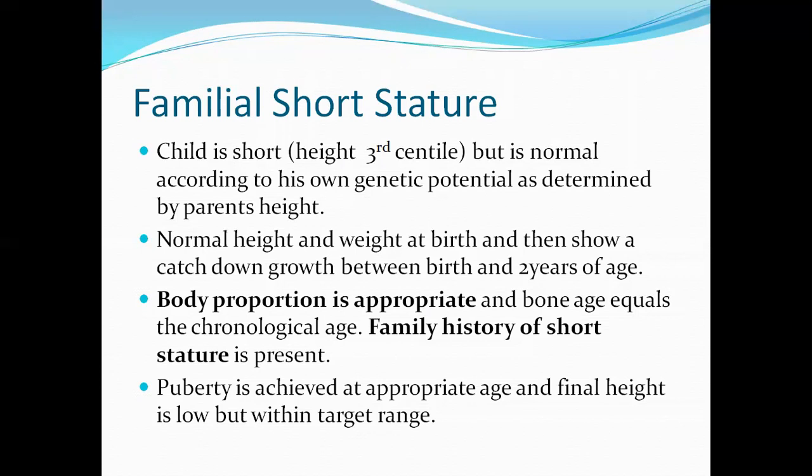Normal height and weight at birth, and then they show a catch-down growth between birth and second year of age. Body proportion is appropriate, and bone age is equal to chronological age. Then there is a family history of short stature. Puberty will be achieved at an appropriate age, and final height is low, but it is within target.